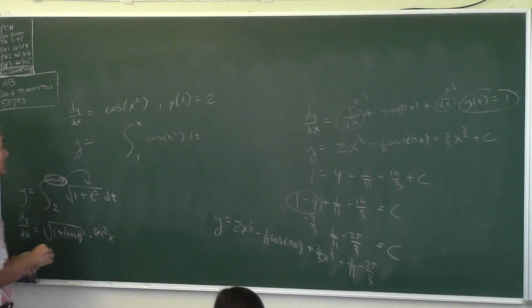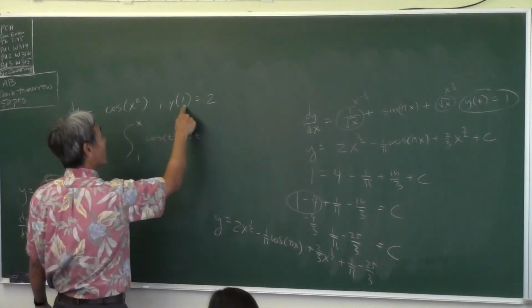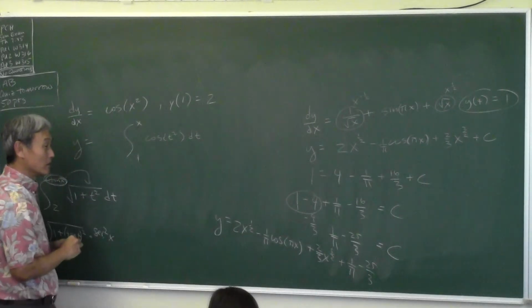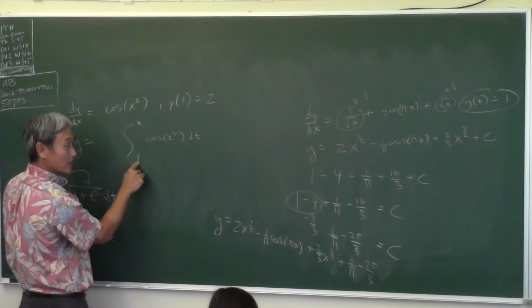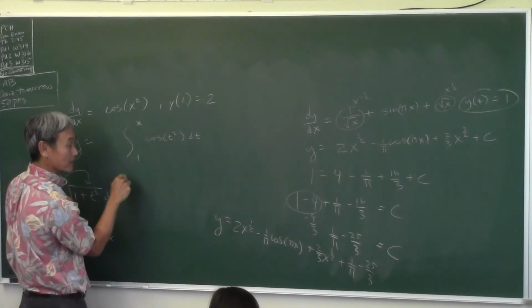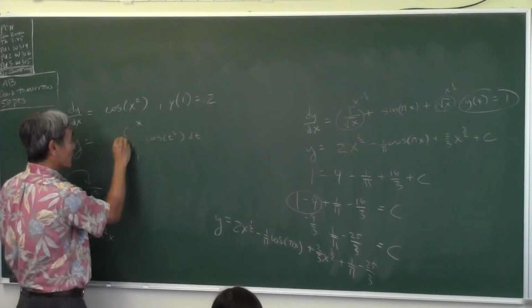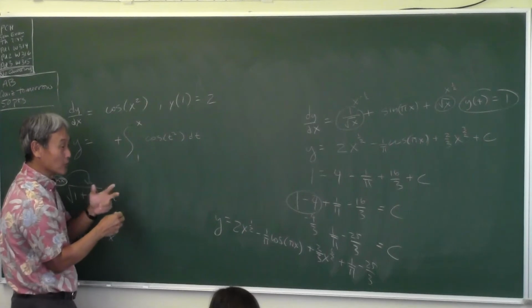So yeah, that works. But the initial condition says y of 1 has to equal 2. So now do you see why this is a 1? Because what happens when I plug in 1 for x here? What is the integral from 1 to 1? It's 0. So what number has to go in the front there so that if I plug in 1, you get 2?